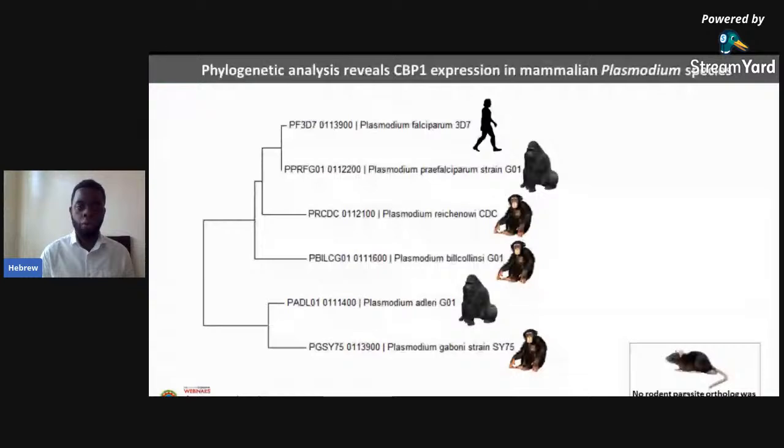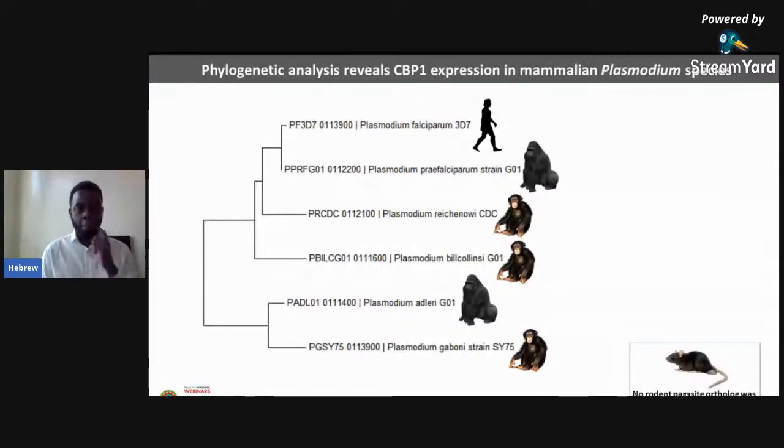We only found Plasmodium falciparum in the ortholog list, meaning there's no Plasmodium vivax and the other human Plasmodium parasites. So this means that even after evolution, the parasitic protein was conserved to the mammalian species, that is the humans now, meaning that it plays a really crucial role in facilitating the pathogenesis of severe falciparum malaria.